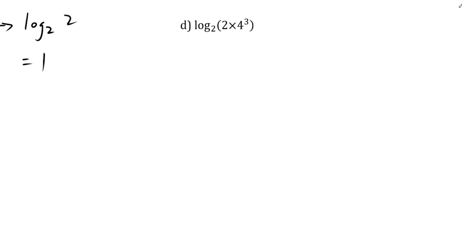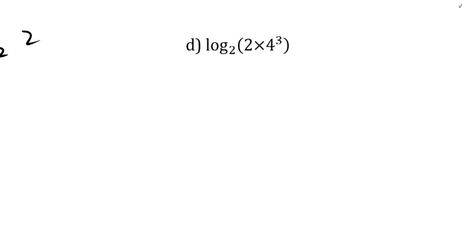Okay, one more. So again, I could evaluate 2 times 4 cubed. It's going to be fairly big, but not crazy big. But let's see if we can solve it without doing that.